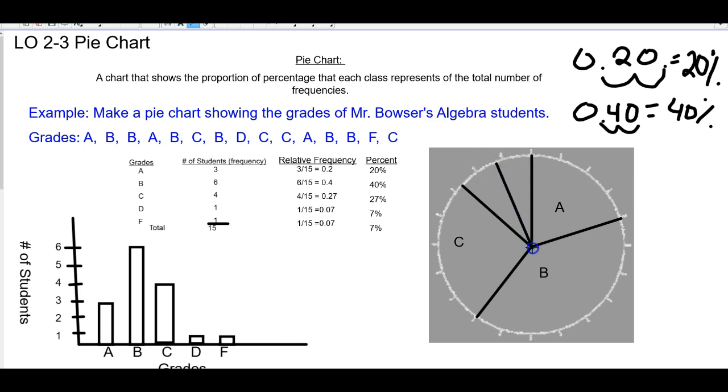I'm just going to cut that in half. This is a D. And this is an F. Now one thing we can add here is we can always add the percent. And there you have it. There is our pie chart.